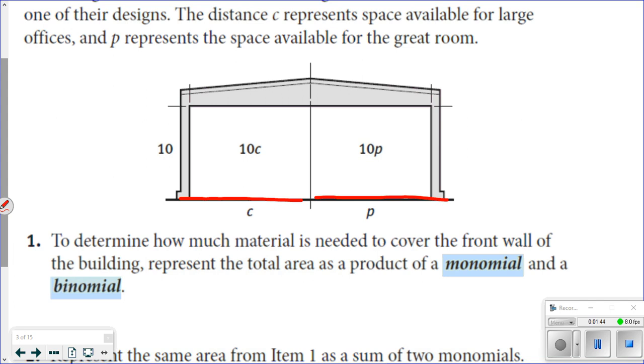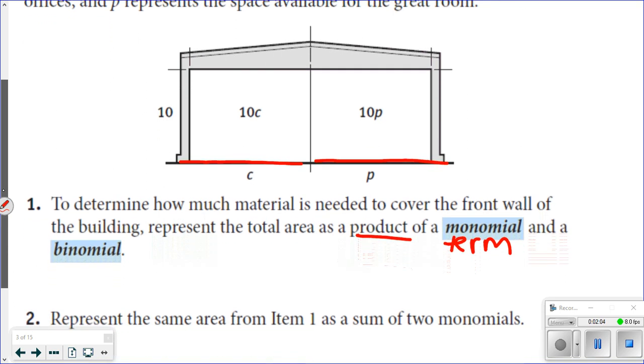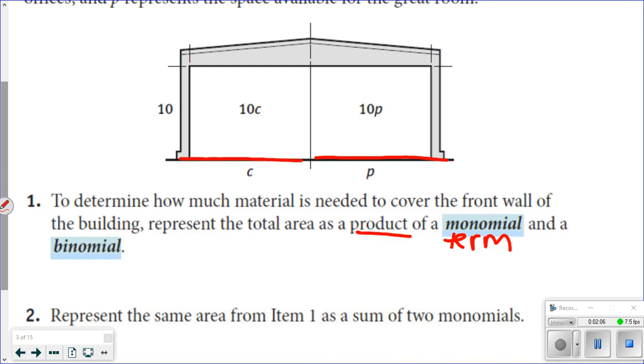Determine how much material is needed to cover the front wall of the building. We are going to represent the total area as a product. So this question is still multiplying. Product means to multiply of a monomial, which is one single term, and a binomial, which remember is two terms. So how would we find the area?